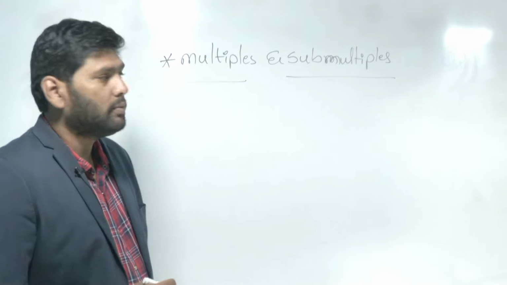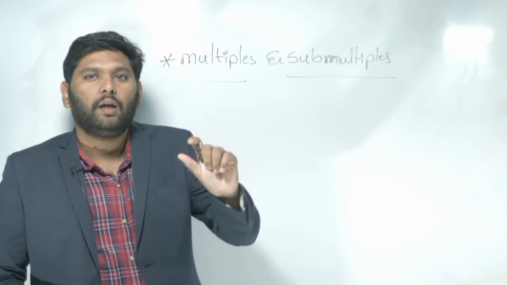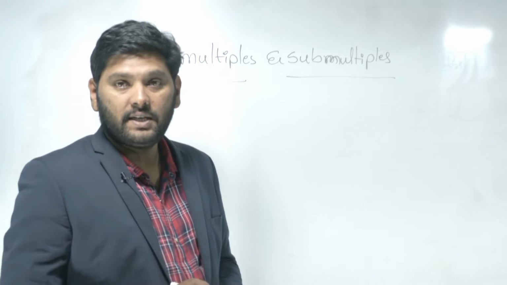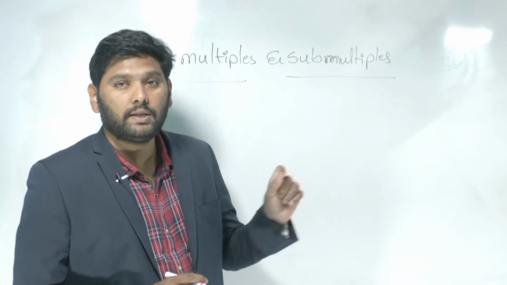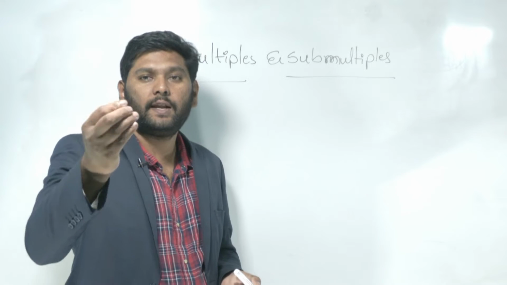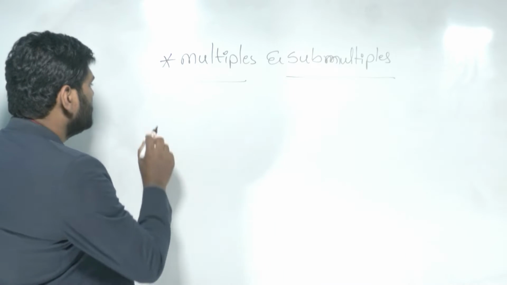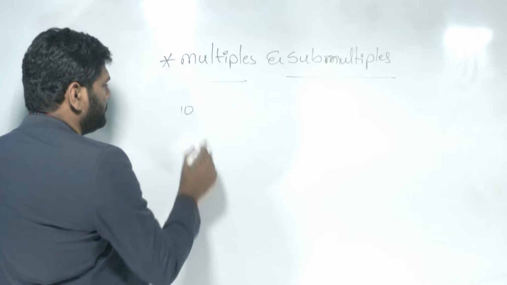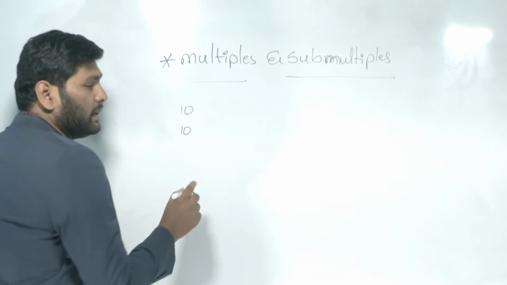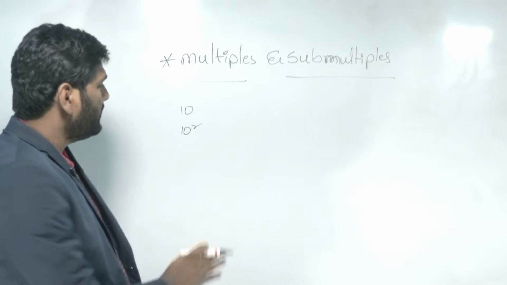Let's talk about multiples first. Here, multiples means multiples of 10. What multiples are we taking here? 10 multiples. The first one is 10, and the second multiple is 100, which we call 10 square.